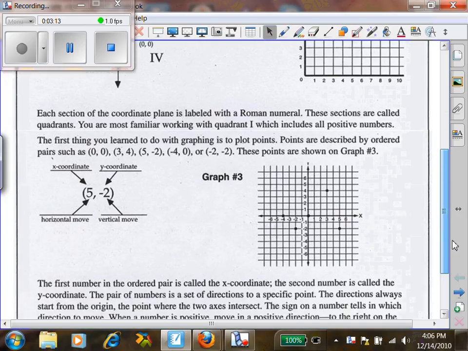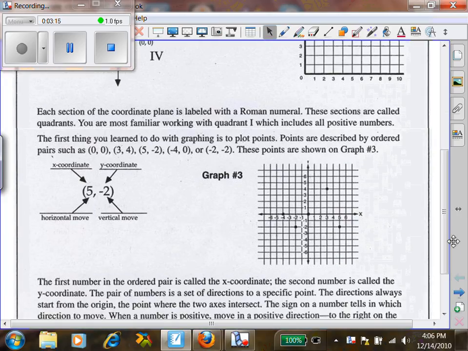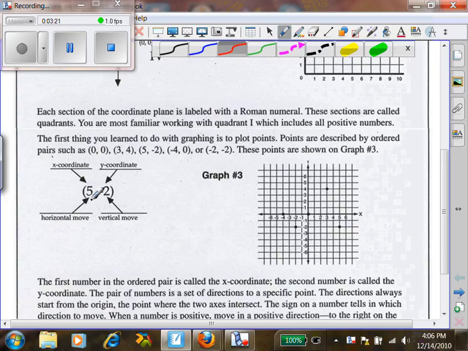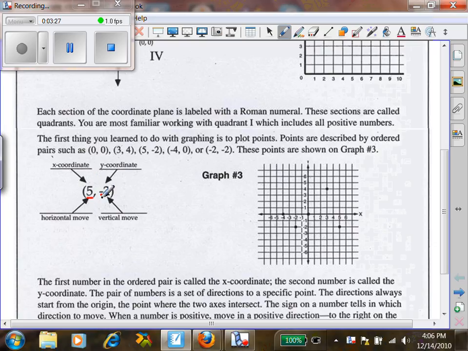So let's talk more about these ordered pairs. The ordered pairs are made up of 2 parts. You have the x-coordinate, which always comes first. Well, first of all, let me go back and say an ordered pair means that you have a pair of 2 numbers that are in a specific order. So the order makes a difference.